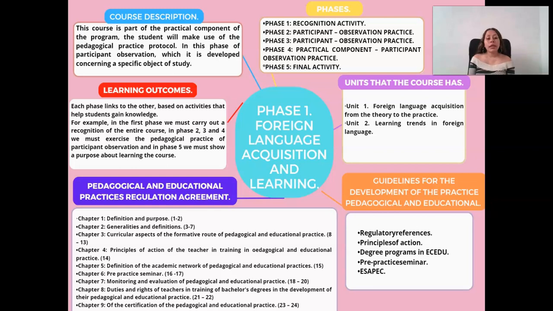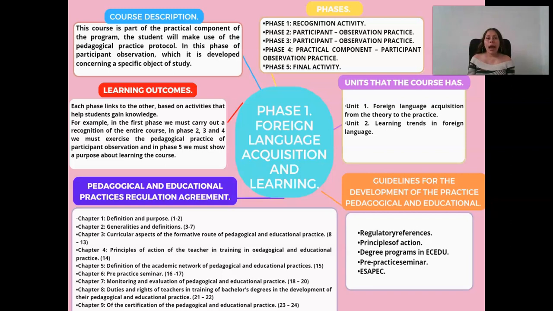Well, each chapter is very important because these chapters help you with the solution of activities in this course and in other practice courses.